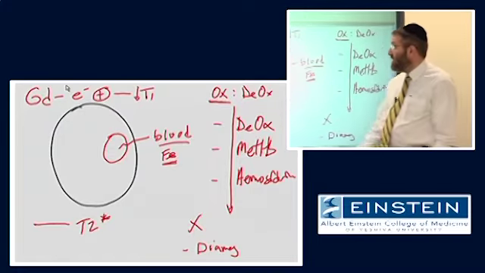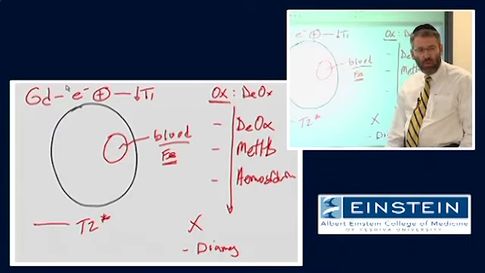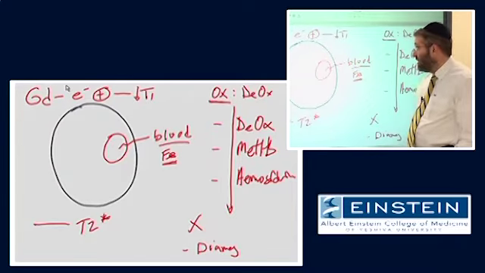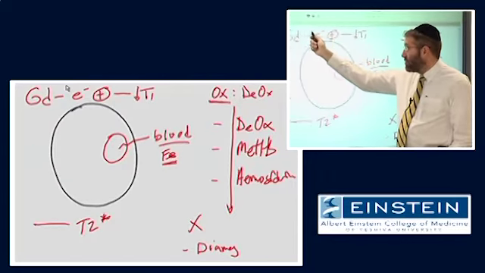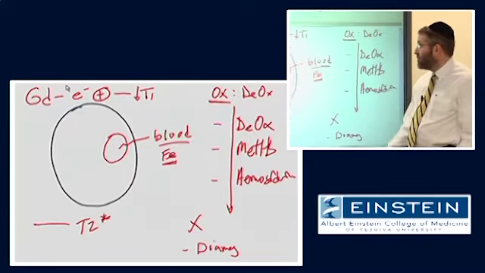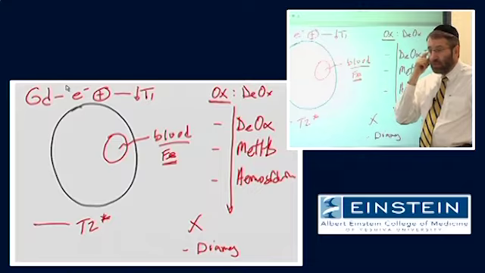But the way that we see contrast enhancement in a T1 weighted image is due to this dramatic shortening of T1.